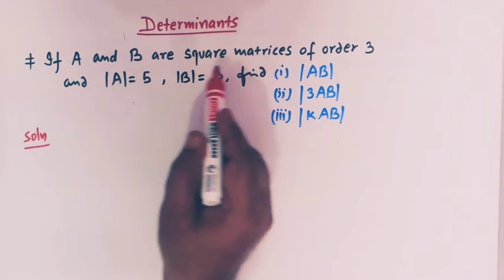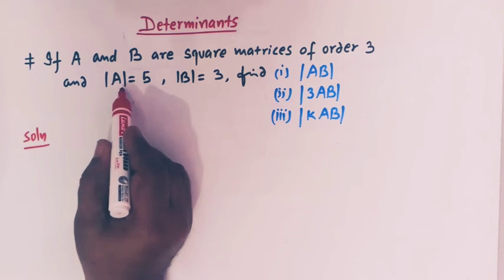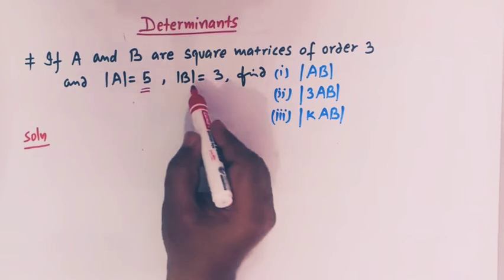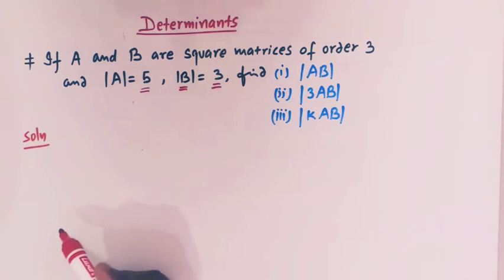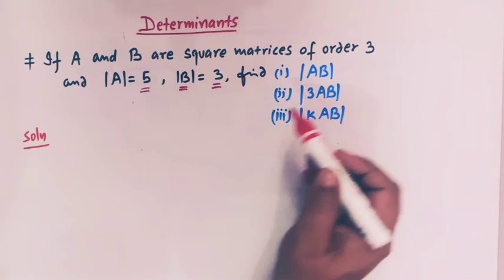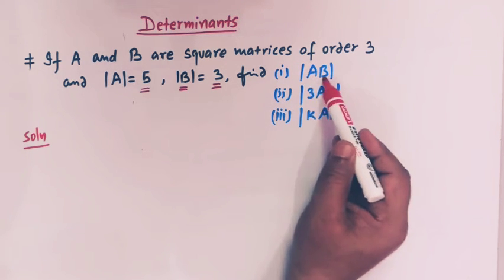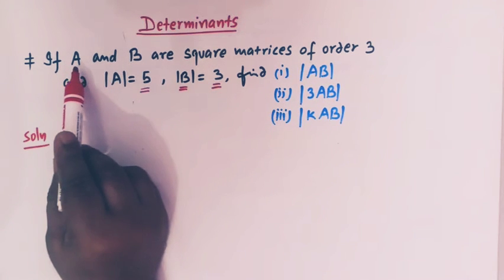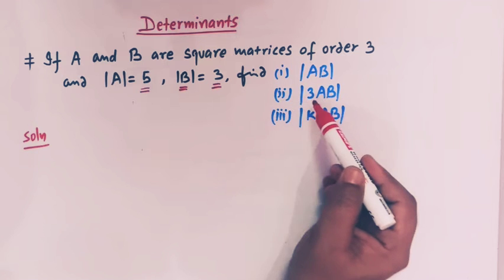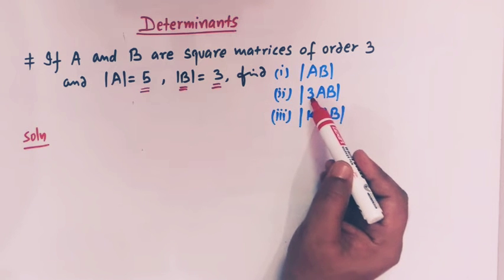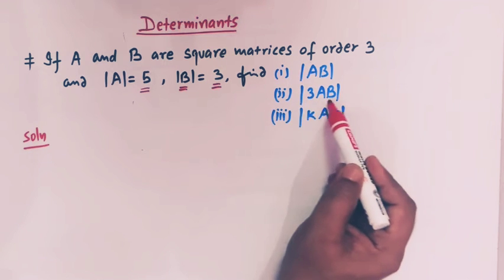If A and B are square matrices of order 3, and the determinant of A is 5 and the determinant of B is 3, we have to find the value of the determinant of the product of the matrices A and B. In the second problem we have to find 3 times AB, and then find the determinant.